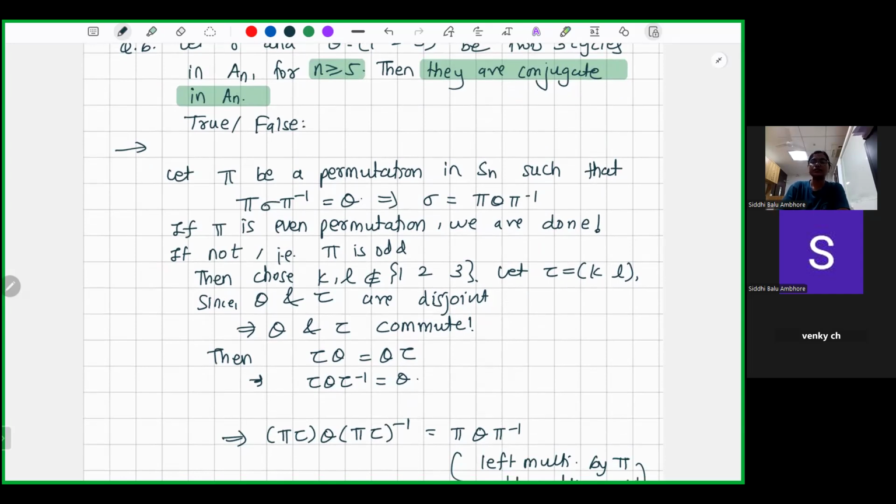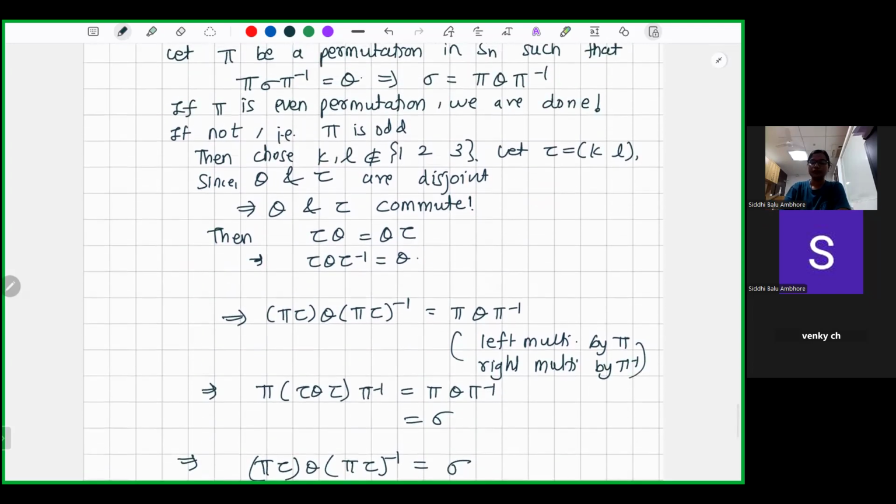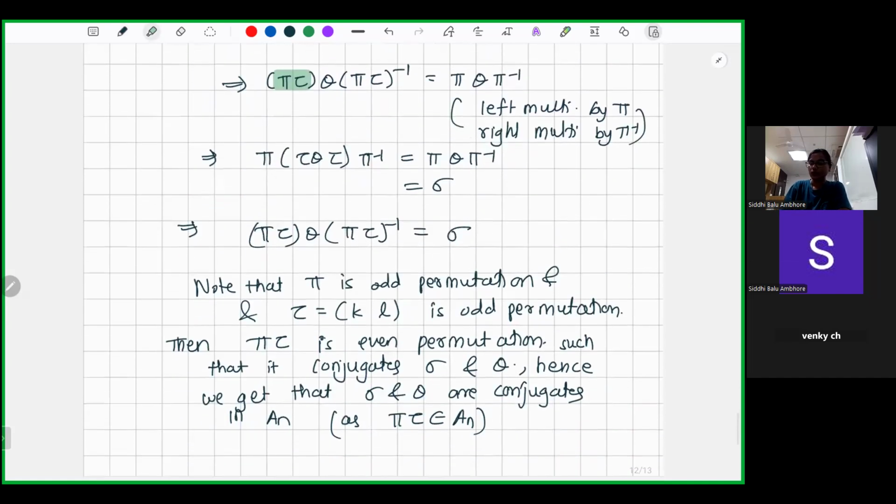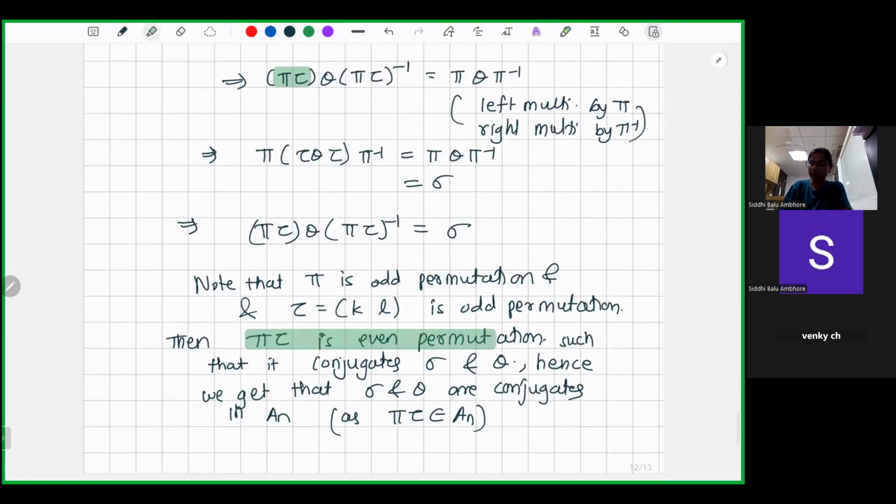But if that pi is not an even permutation, then we try to produce an element pi tau like this, which is an even permutation and it conjugates sigma and theta.